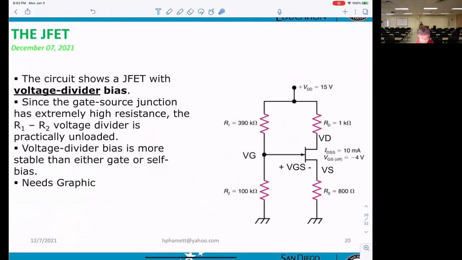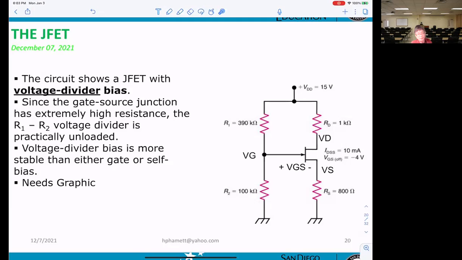Voltage divider bias. Okay. So for voltage divider bias, since the gate source junction has an extremely high resistance, the R1 and R2 voltage divider is practically unloaded. Voltage divider bias is more stable than either gate or self bias.